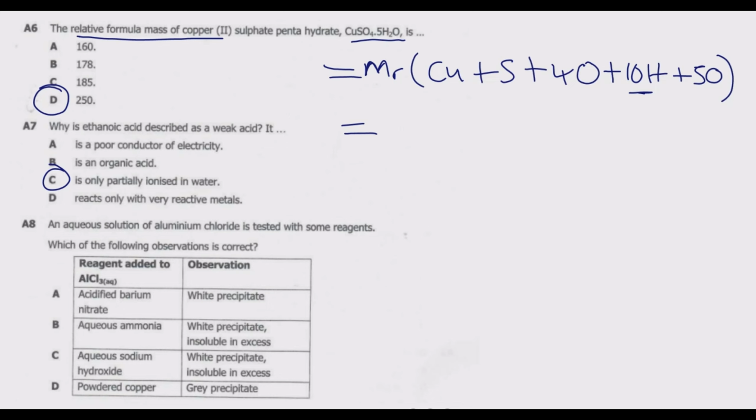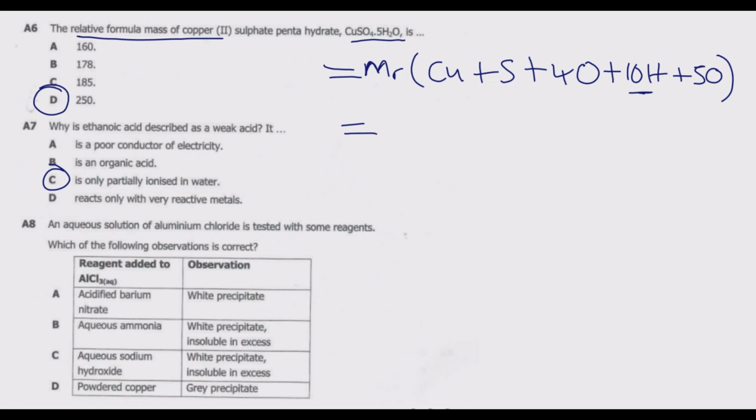Again, you need to spend some time to understand that these are tests of an aqueous solution. We have a reagent added to aluminum chloride, then the observation. A, acidified barium nitrate gives a white precipitate.